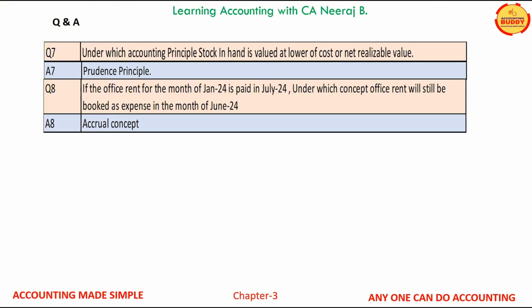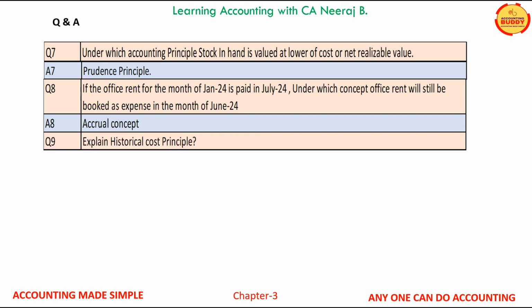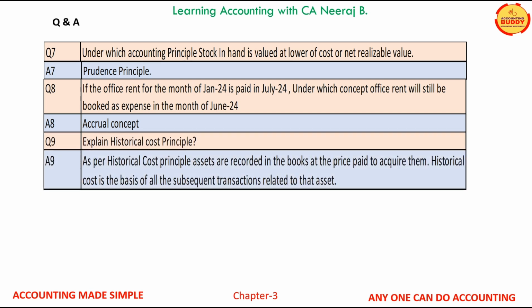The answer is accrual concept. Question number 9. Explain historical cost principle. The answer is as per historical cost principle, assets are recorded in the books of accounts at the price paid to acquire them. Historical cost is the basis of all the subsequent transactions related to that asset.